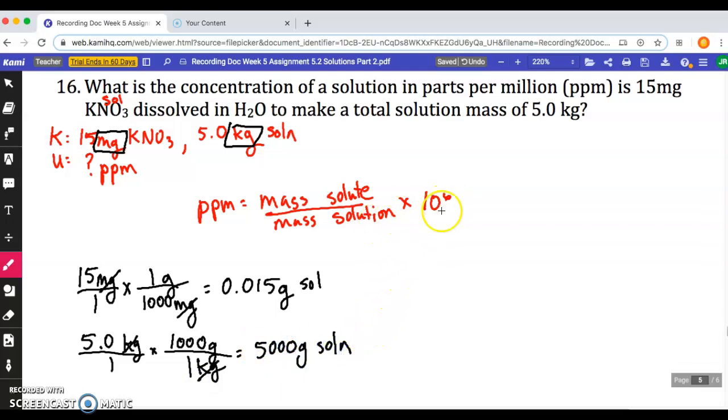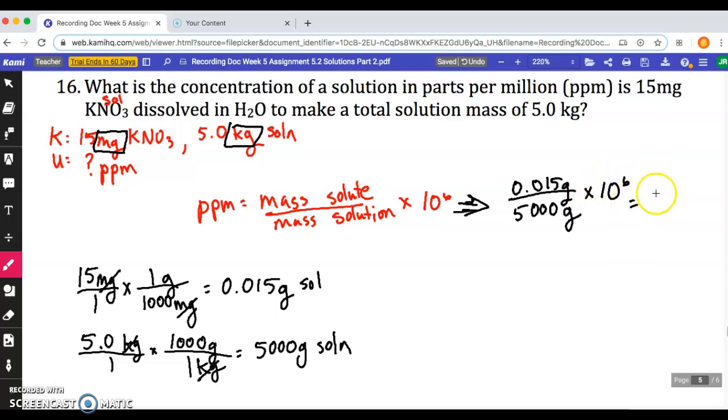Okay, now you just plug in those values. Sorry, that's an error. It will be 0.015 grams of solute divided by 5,000 grams of the solution times 1 million, 10 to the 6.